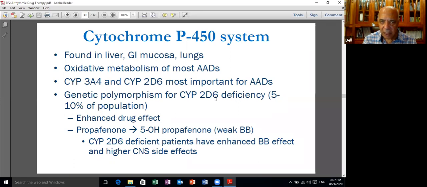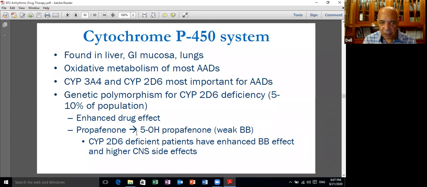This is the enzyme which is responsible for the activation and the metabolism of propafenone to change it into the active metabolite, which is 5-hydroxypropafenone. Fortunately, if you have deficiency of this enzyme, you will get a weak beta blocking effect, because propafenone itself is a weak beta blocker, while the metabolite is a strong beta blocker. So you get deficiency here and the beta blocker effect is much less.